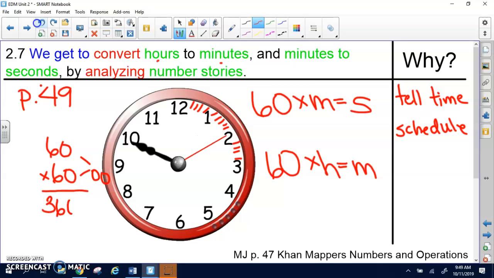And then I can put those 2 zeros right back in. So in 1 hour, there are 3,600 seconds. For your estimation, 1 hour has 3,600 seconds. Do you want to write that down on that page, maybe at the very top?